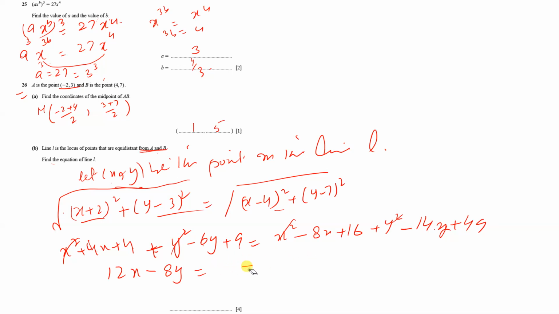So this is the equation, and if we divide the whole equation by 4, we get 3x plus 2y is equal to 13. So this is the required line: 3x plus 2y equals 13.